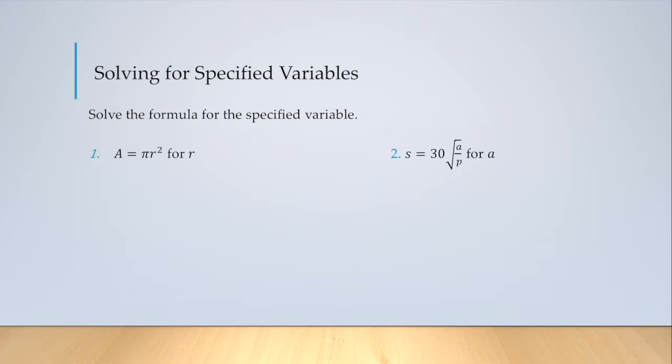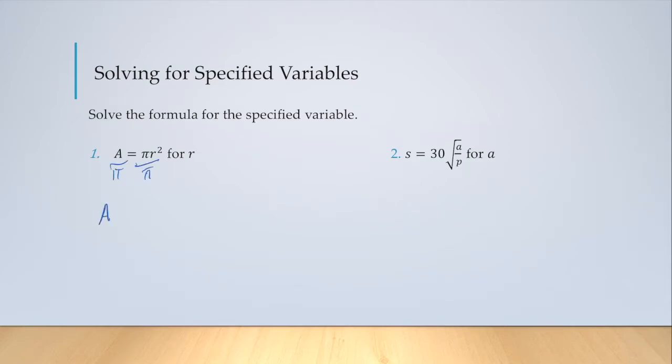So first thing I want to do is solve for a specific variable. I want to solve A equals pi r squared for r. So I'm going to go ahead and try to isolate that variable. This is variable manipulation. We started doing this back in chapters 1 and 2. So I'm going to first divide both sides by pi.